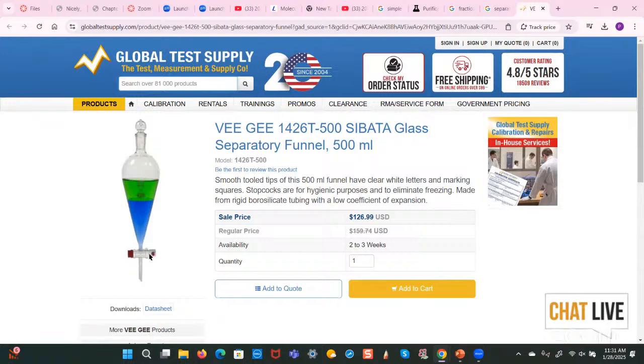Basically, you have a tap right here, all right? You have a stopper here, and let's say you have your heterogeneous mixture, such as the one shown here. So basically, all you do is pour that mixture there, wait until the two layers separate, and then, of course, you need to have something underneath here, like a beaker or a flask. And then you just simply turn on the tap and you drain the bottom layer until the boundary between the two layers gets to where the tap is, turn it off. And that's basically how you achieve that separation, right?